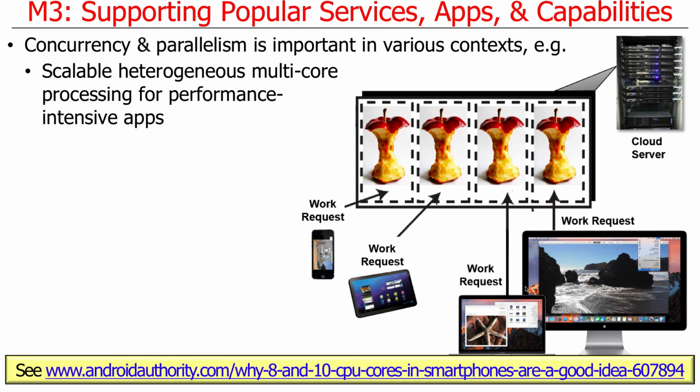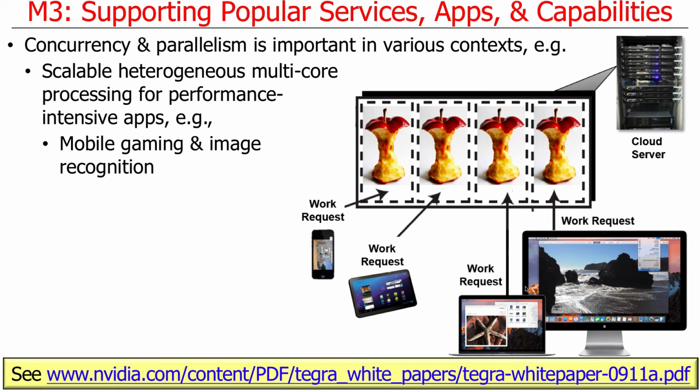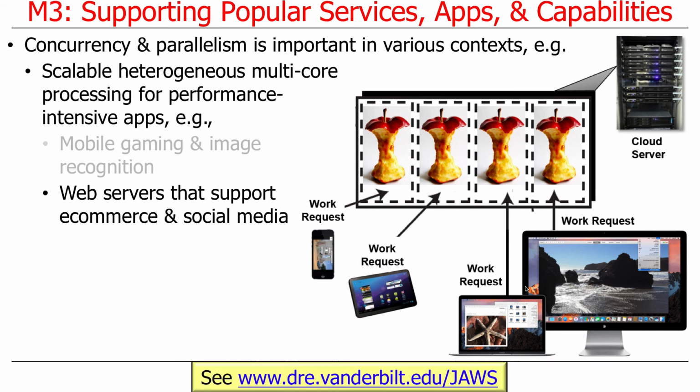Scalable, heterogeneous multi-core processing is essential for performance-intensive or performance-sensitive apps. These include things like mobile gaming or image recognition. So you want to be able to make the system work maximally responsively and maximally scalably in those environments so you get a real-time experience or an interactive experience with the system.